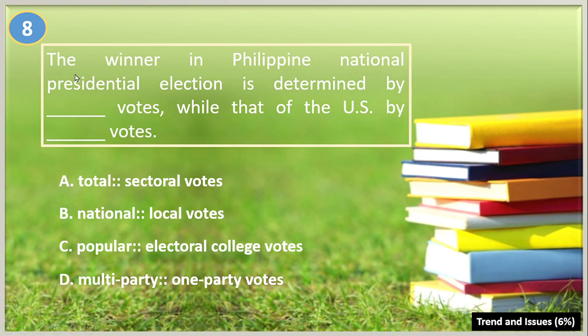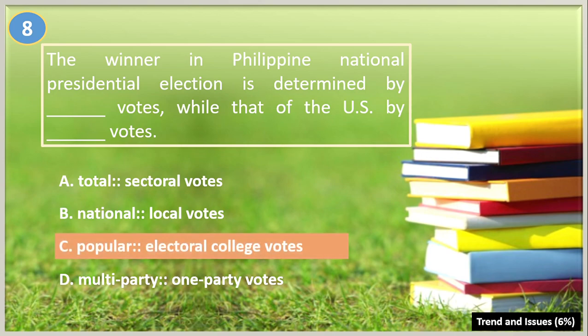Number 8, the winner in the Philippine national presidential election is determined by blank votes, while that of the US by blank votes. A. Total sectoral votes. B. National local votes. C. Popular electoral college votes. And D. Multi-party one-party votes.